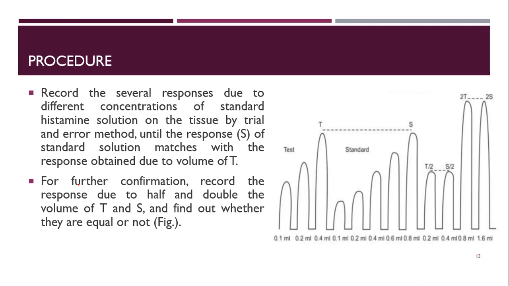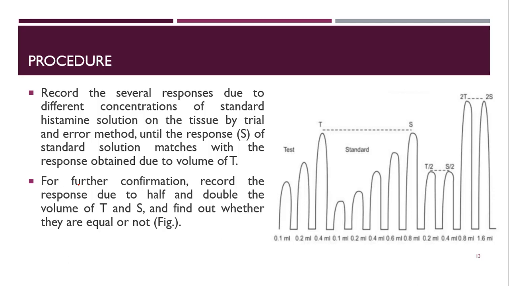The logic behind it is that if 1 unit of test matches with 1 unit of the standard, then half unit of the test will match with the half unit of the standard. Same applies with 2 units of test should match with 2 units of standard. We are just confirming whether there is an exact match between the two or not.